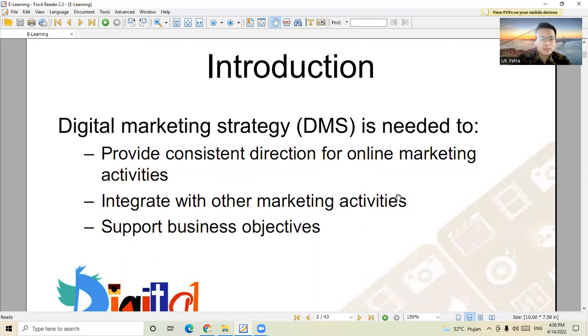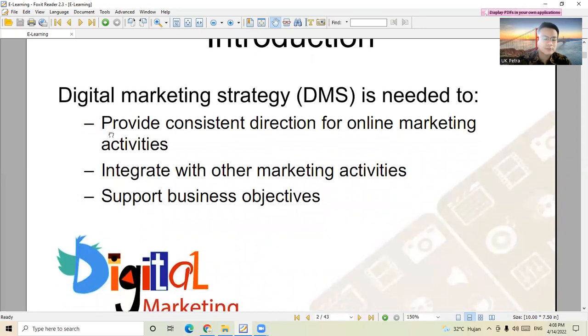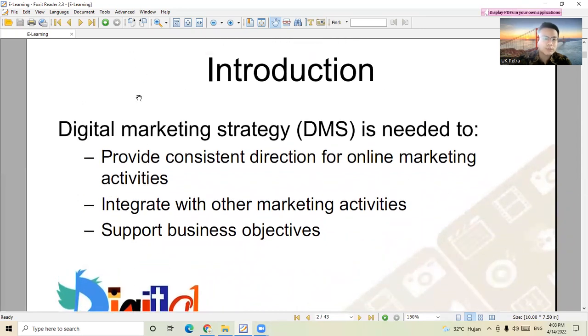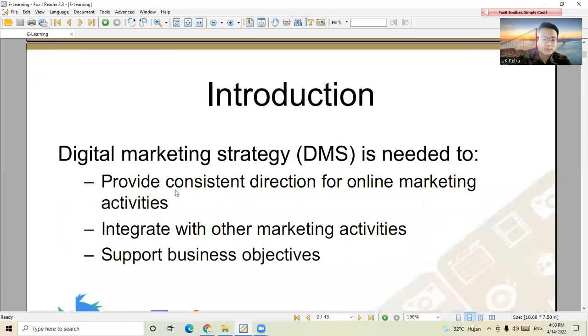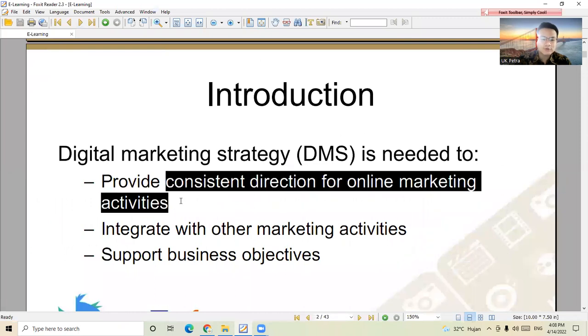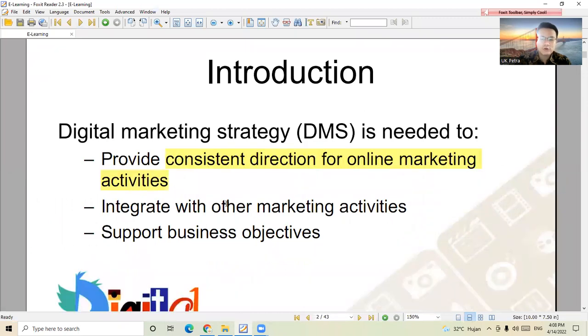And in so doing, the digital marketing strategy is needed to provide these three things. The first one is to provide the digital marketer with a consistent direction, so that they can do the online marketing activities in more accurate and appropriate ways.